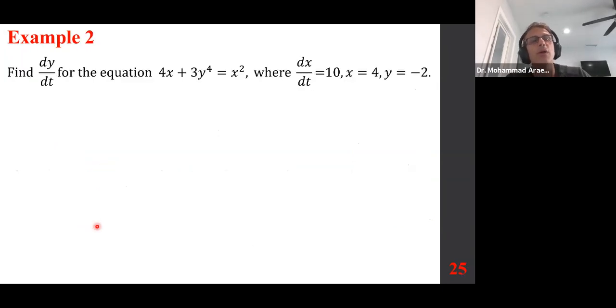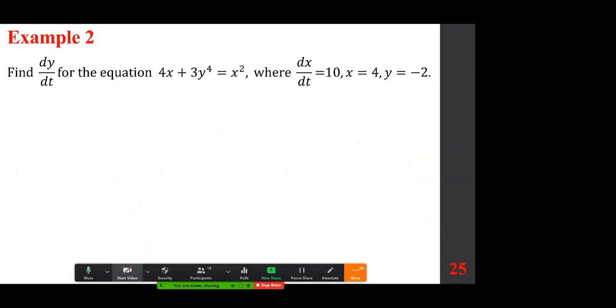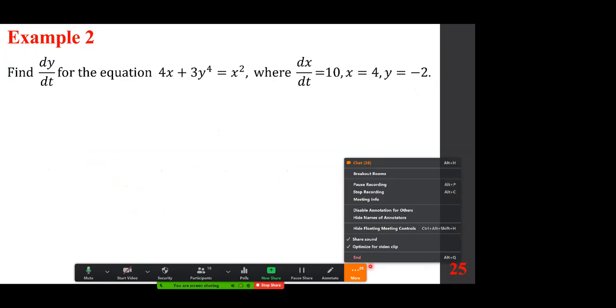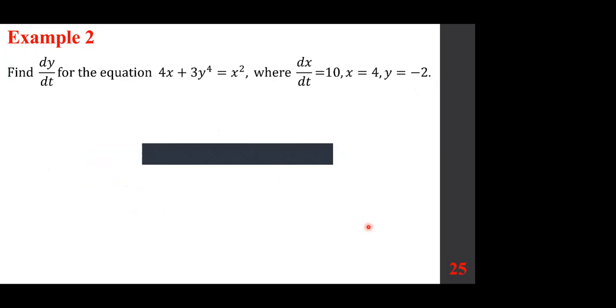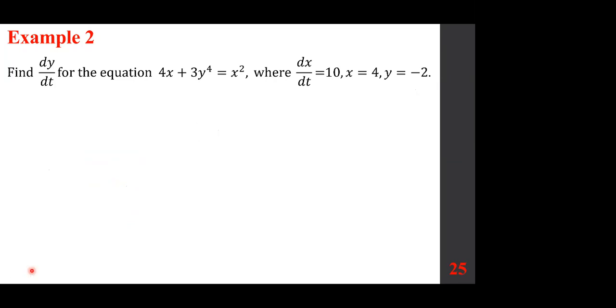We want to find dy dt for this equation, where dx dt is given as 10, x is 4, and y is negative 2. Now, again, the very first thing I want to mention to everybody is that the independent variable here is t, which means if you're differentiating x, you get dx dt.